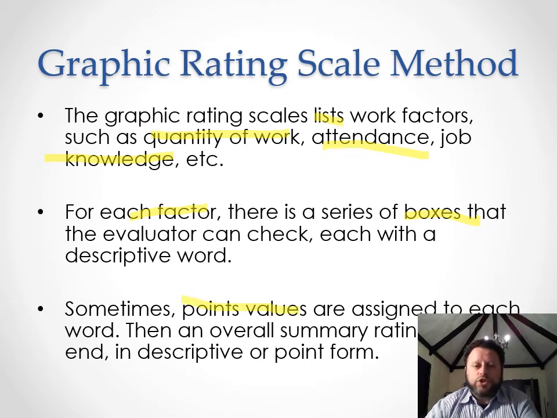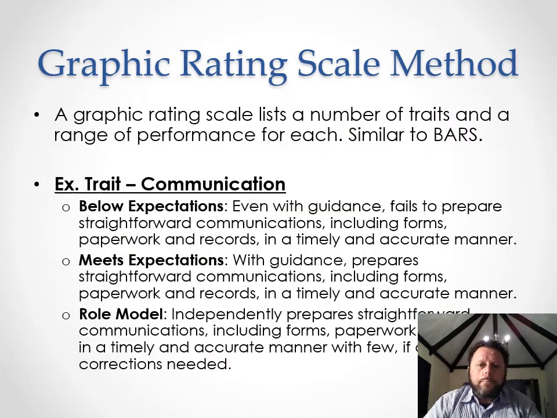Sometimes there's also a descriptive word, like very good, good, average or satisfactory and below average. There might be boxes, or it might say 1, 2, 3, 4, and that's it. Now, the good thing about this is you can have a lot of stuff on one page, and that's great.